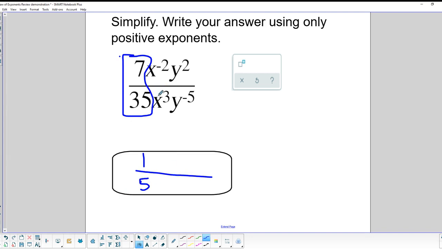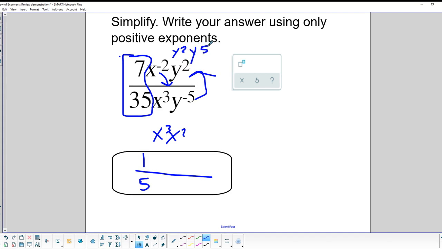All right, so for our x's, we've got x to the negative 2 on top and x to the 3rd on the bottom. So if I move this x to the bottom, it's going to give me x to the 3rd times x to the 2nd on the bottom. And if I move this y to the negative 5 to the top of the fraction bar, I'm going to end up with y to the 2nd times y to the 5th.